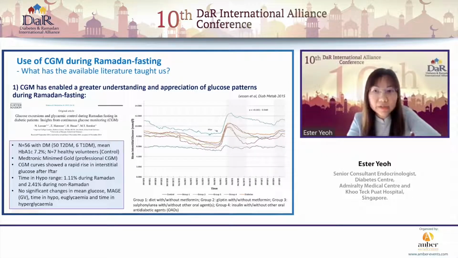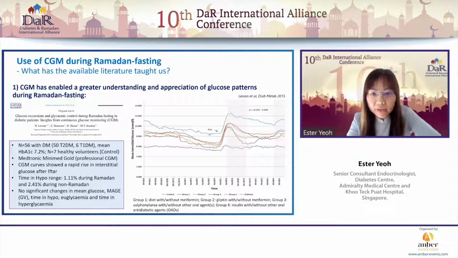Here, patients use the professional CGM, so this is a retrospective CGM, whereby the patient is not aware of their interstitial glucose readings. The findings showed that CGM curves showed a rapid rise in interstitial glucose after iftar.